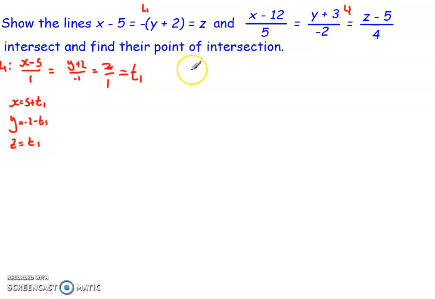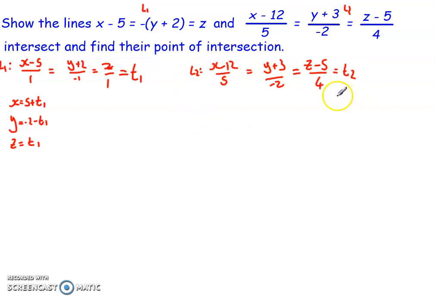I could then look at line 2, so let's say the L2. So I know I've got x minus 12 over 5 equals y plus 3 over negative 2 equals z minus 5 over 4. And I'm going to say that that is equal to the t2 variable. So I'm going to set this equal to another parametric variable, t2.